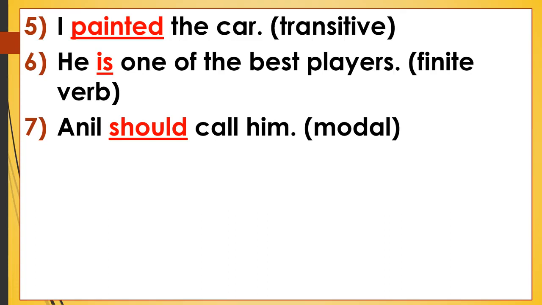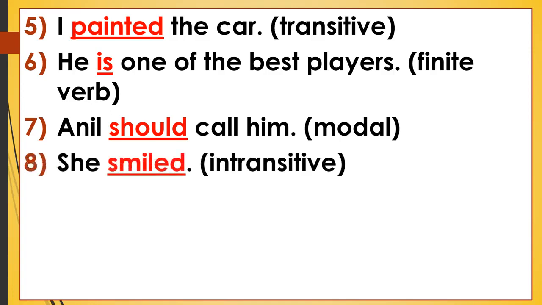She smiled. Smiled is here an intransitive verb, because the verb smile cannot have any object, since the action of smiling does not fall upon anyone. Number 9. She appears ready for the game, and appears is here a linking verb, and it is showing that she is ready for the game.